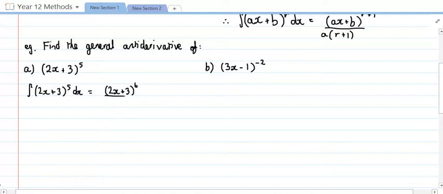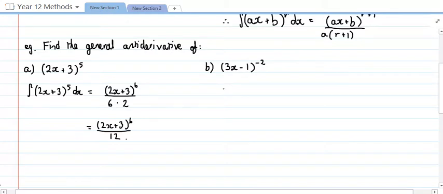I need to divide by the new power, which is 6, and I also need to divide by the derivative of that inner function, which is just 2. So that in the end gives 2x plus 3 to the power of 6 all over 12. You might choose to write that as 1/12 at the front of 2x plus 3 all to the power of 6. That's just another way of writing it, and that's totally acceptable as well.